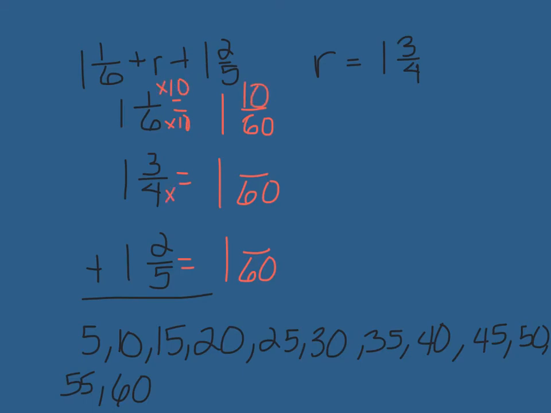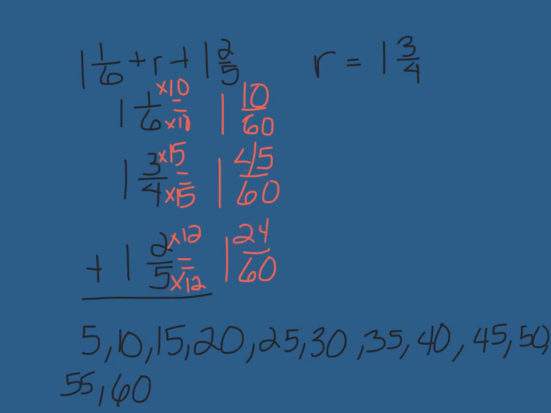It was 4 times 15, so then I need to do 3 times 15, which would be, oops, sorry, that's 45, not 65. Okay, and then 5 times 12. So this would be 24.